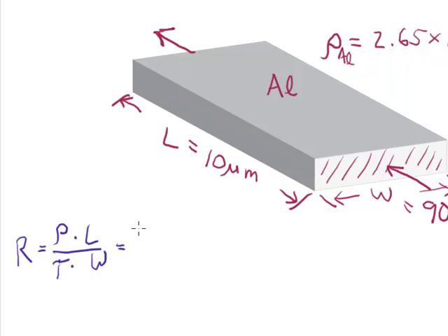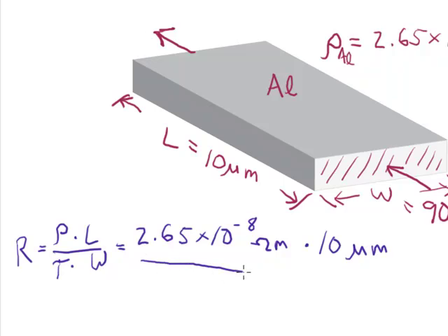Plugging in bulk resistivity of 2.65 times 10 to the minus 8 ohm meters, and the length of 10 micrometers, and dividing by a thickness of 7,000 angstroms, and dividing by a width of 90 nanometers.